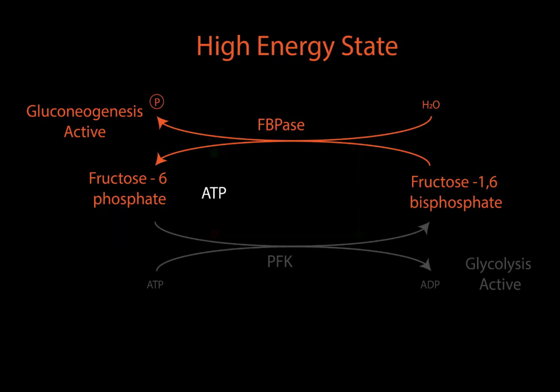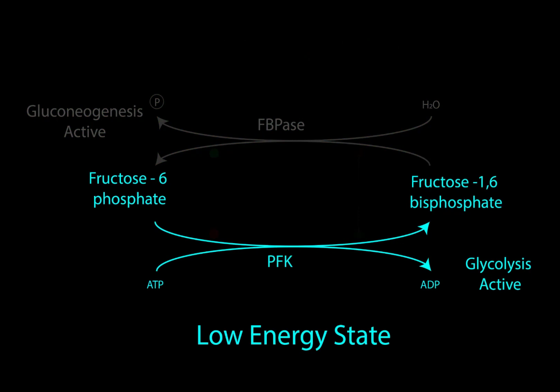And we've said that the signal for the high energy state in the cell is ATP. So the way that this allosteric regulation works is ATP is an allosteric effector that activates fructose bisphosphatase, which activates gluconeogenesis, but it allosterically inhibits phosphofructokinase, which inhibits glycolysis.